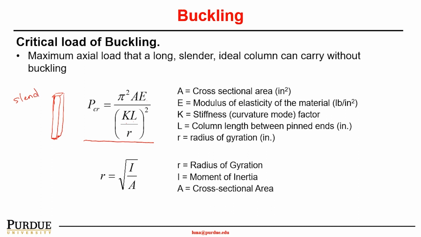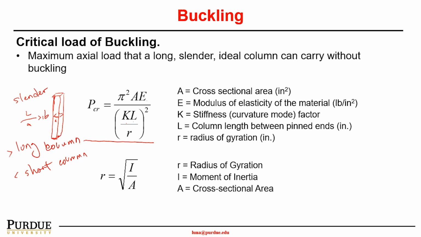The slenderness of the beam or column is your length over your smallest radius of gyration, L over r. If it is large, we call it a long beam or long column, and if it's smaller, it will be short. The long column and the short column definitely have very different buckling behavior.